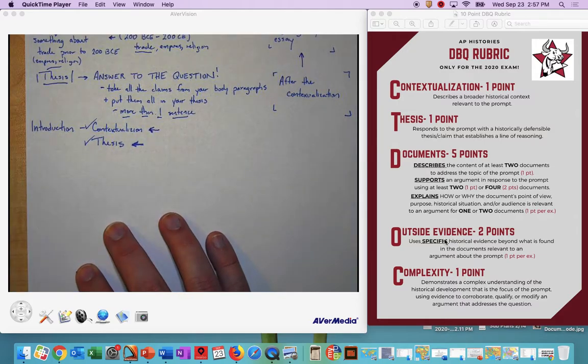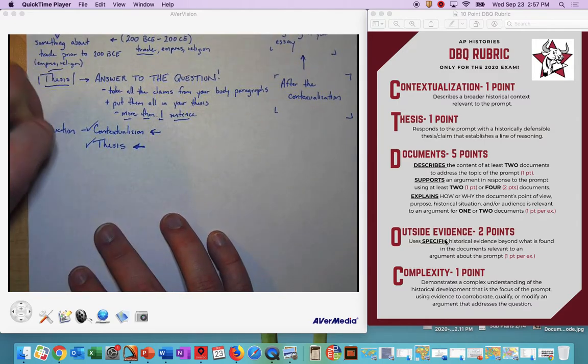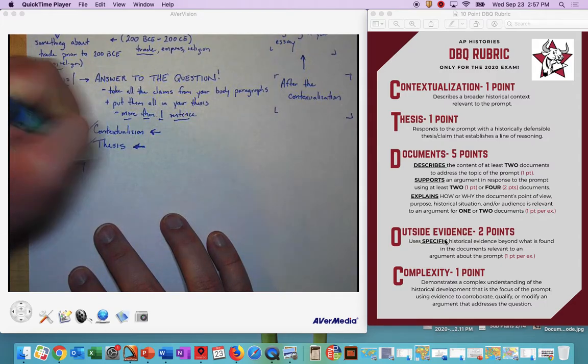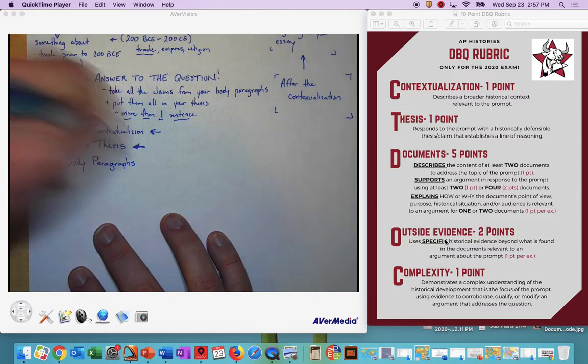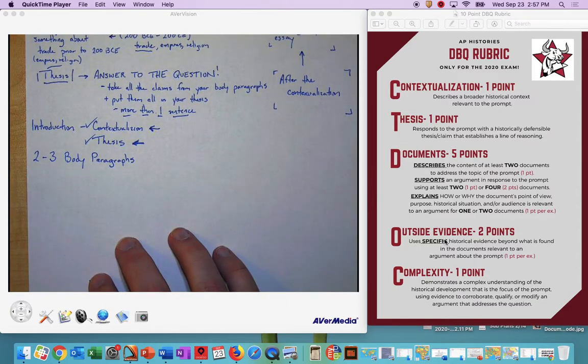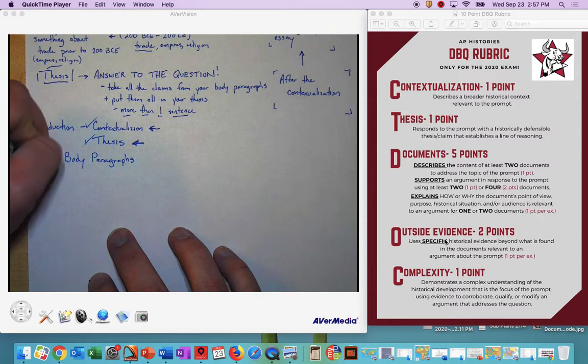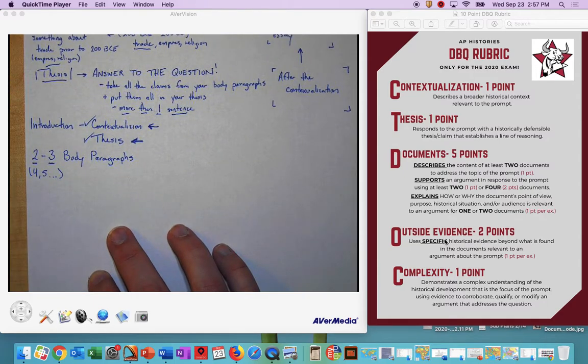So depending on the prompt, you might write 2 or 3 body paragraphs. Depending on what the prompt is and what you want your essay to say, you might write 2 or 3 body paragraphs. You might write 4, 5, and onward, because there's no set number of body paragraphs you have to write.